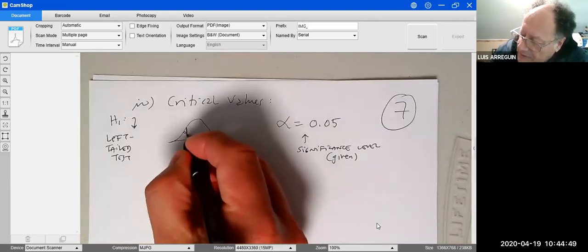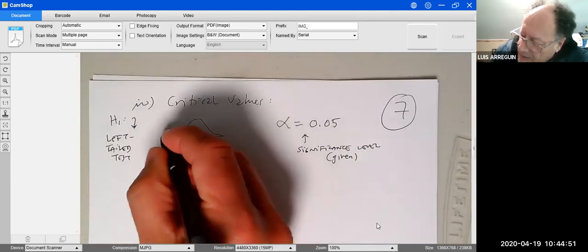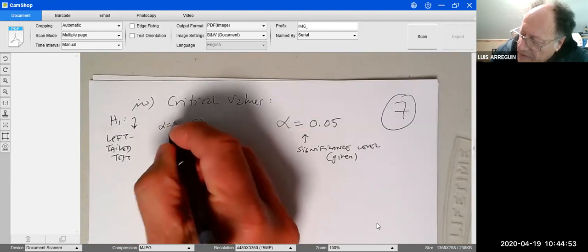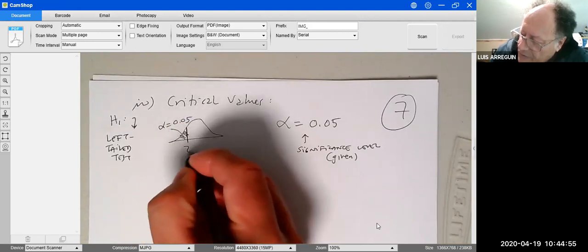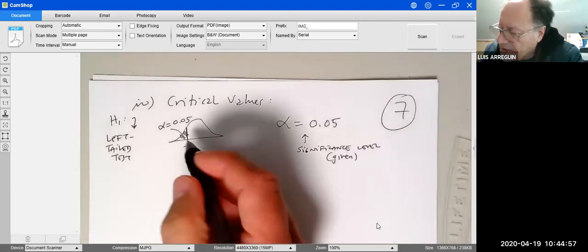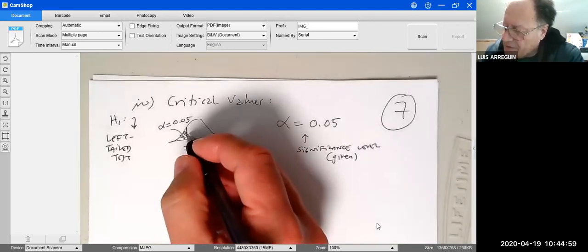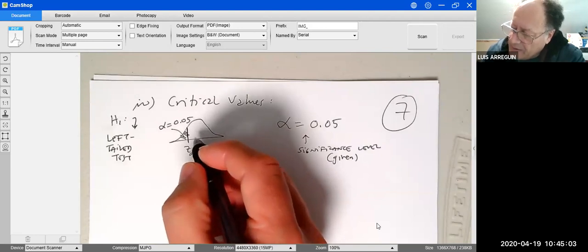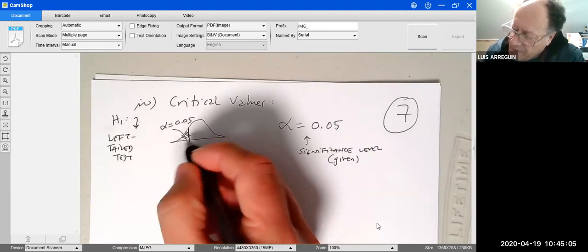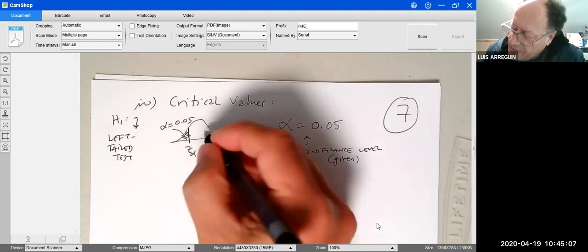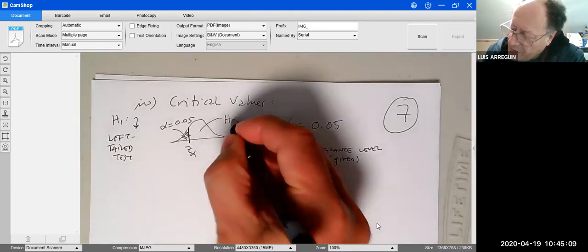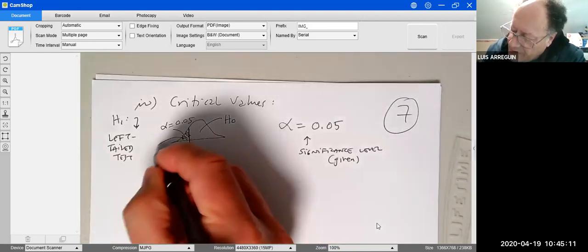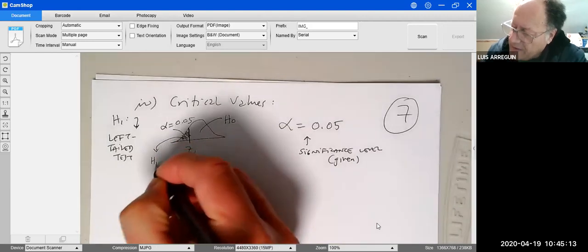So this is going to be my alpha equals 0.05. I need to find this critical value. It's critical because this is the one that we're going to use to determine whether our sample is inside of this region or outside of this region. This is going to be the region in favor of the null. This is going to be the region in favor of the alternative.